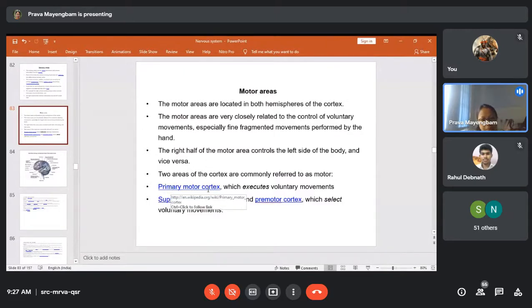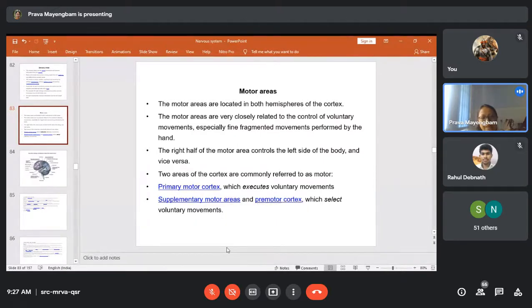The primary motor cortex executes voluntary movements, and the supplementary motor areas and premotor cortex select the voluntary movements, means which kind of movement needs to be performed. That will be decided, and then the primary motor cortex will execute the voluntary movement.